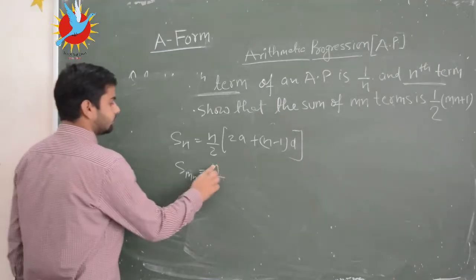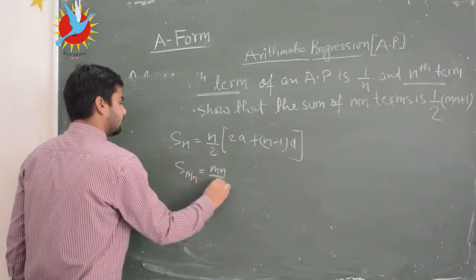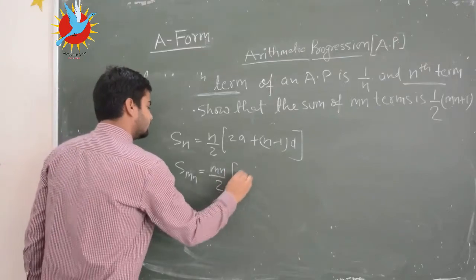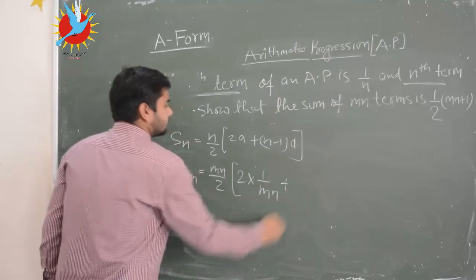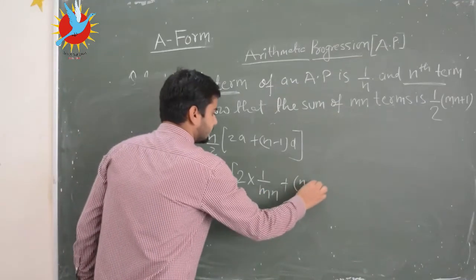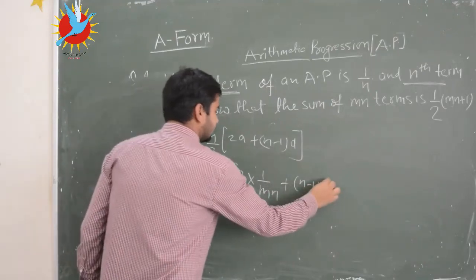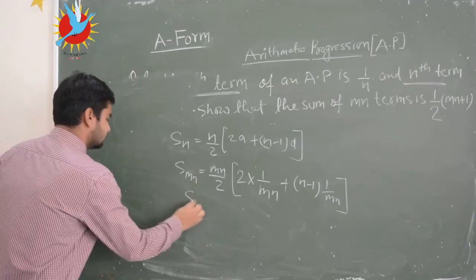So Smn will be equal to, in place of n we have to put mn. So here it will be mn by 2 and here it will be 2a. The value of a was 1 upon mn, so write 1 upon mn in place of a, plus (n minus 1), and in place of d put 1 upon mn. Solve this equation.